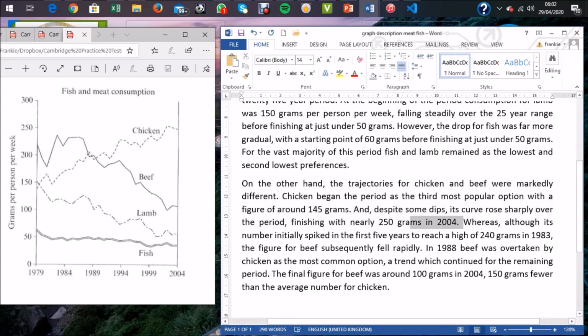Whereas, although its number initially spiked in the first 5 years to reach a high of 240 grams in 1983, the figure for beef subsequently fell rapidly. In 1988, beef was overtaken by chicken as the most common option, a trend which continued for the remaining period. The final figure for beef was around 100 grams in 2004, 150 grams fewer than the average number for chicken.